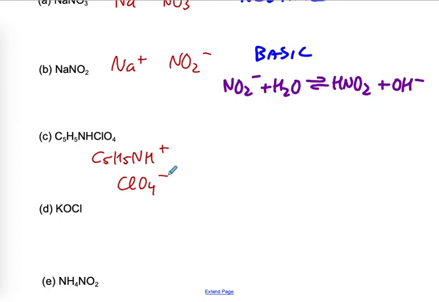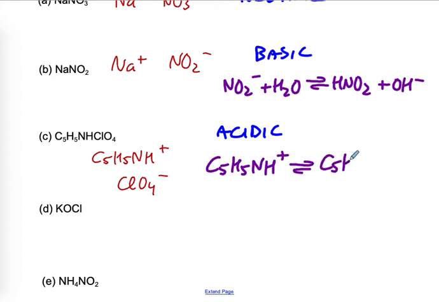But C5H5NH plus is the pyridinium ion. It is the conjugate acid of pyridine, a weak base. Therefore, it's going to be a stronger acid than water. So this will be an acidic solution, and the equation will be C5H5NH plus in equilibrium with C5H5N plus H plus.